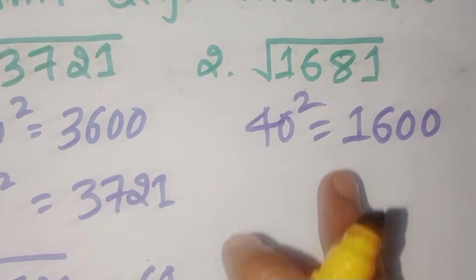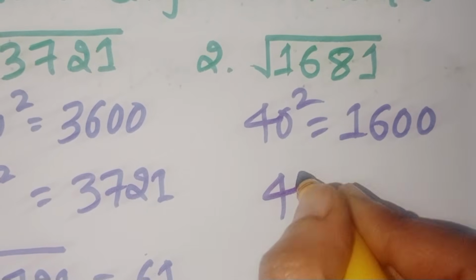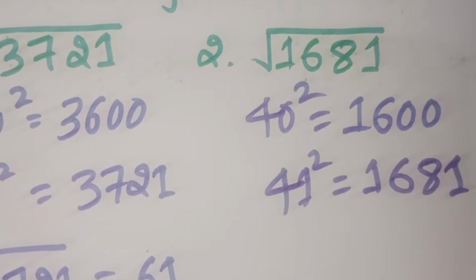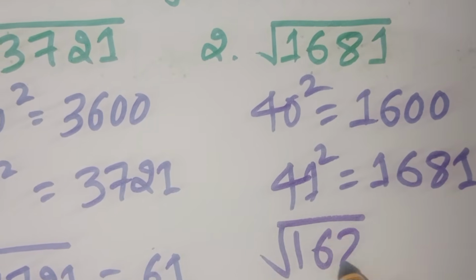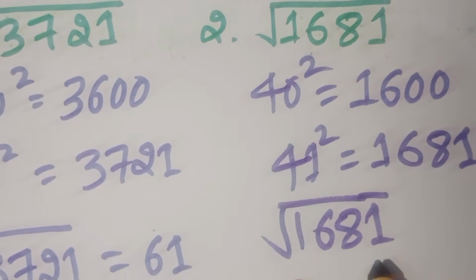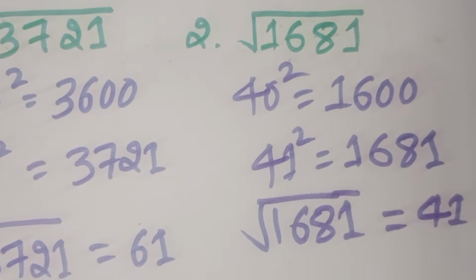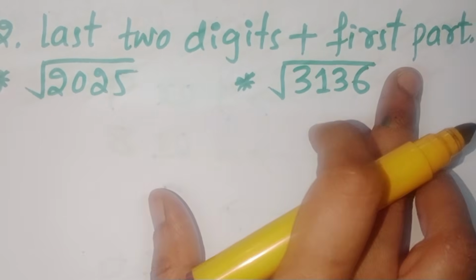Try 41. 41 square is 1681. Therefore the square root of 1681 is 41.